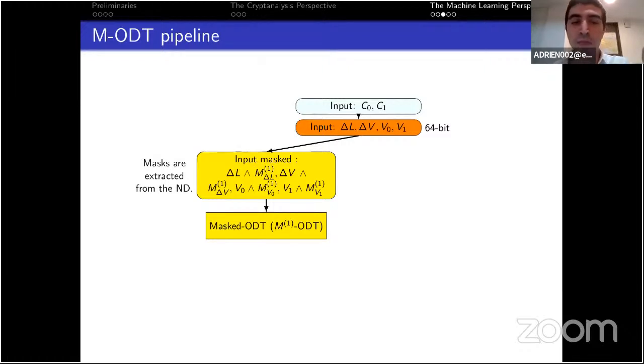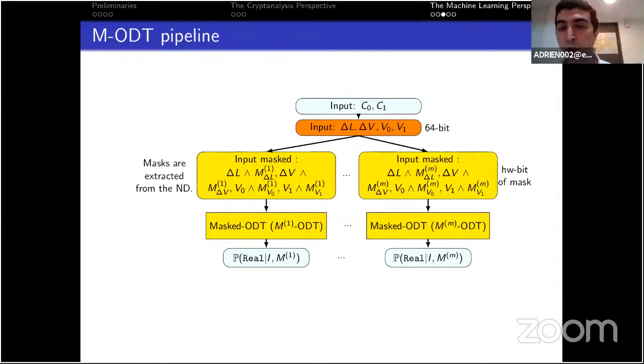We call this DDT a masked ODT because we don't compute on differences, but on the output of the cipher, and we apply a mask. Then at inference time, we compute the probability of having real, meaning 1, knowing the input and the mask. Of course, we can repeat this operation for multiple masks.